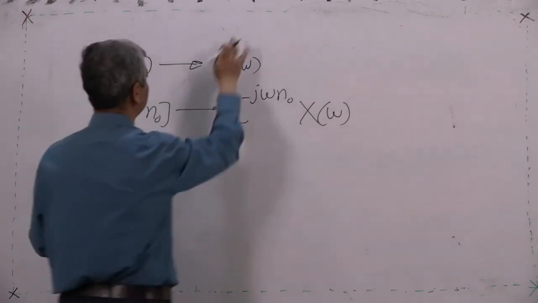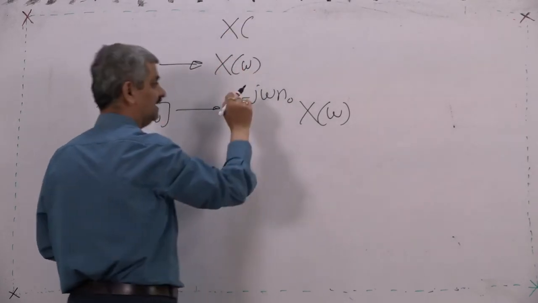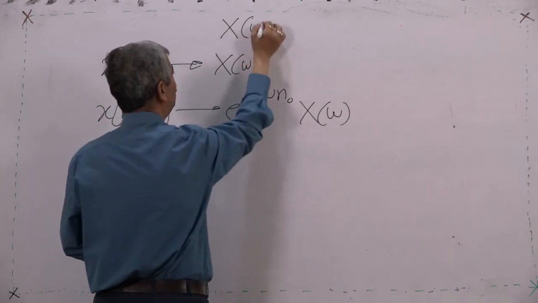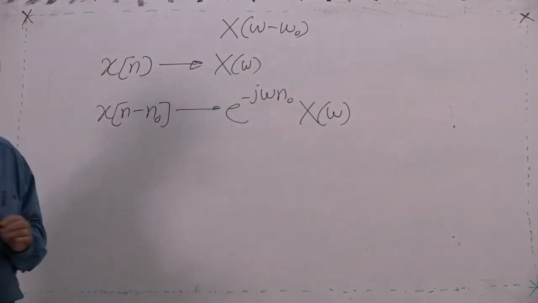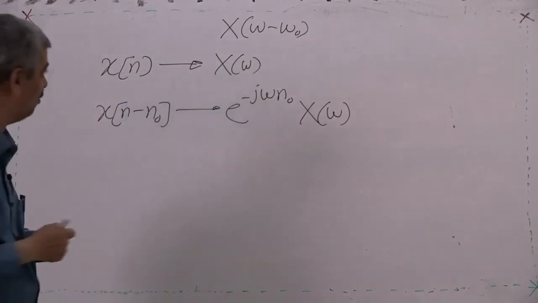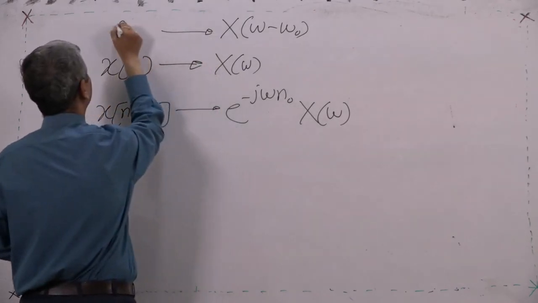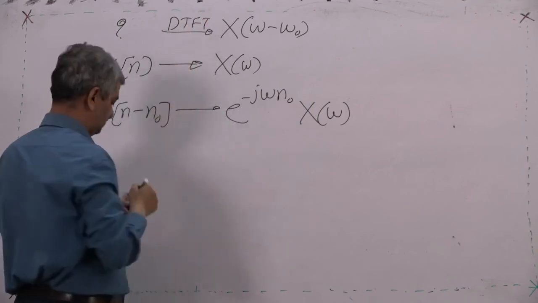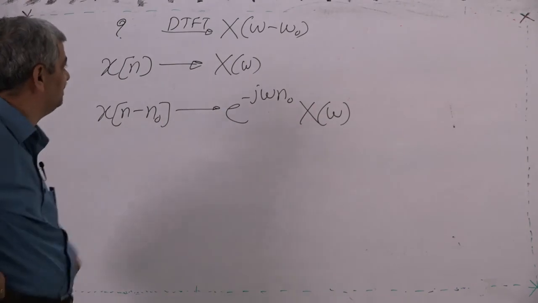Suppose I compute the DTFT and put, instead of omega, omega minus omega naught. It has to be the DTFT of something. Take this as a drill problem. Is the idea clear?